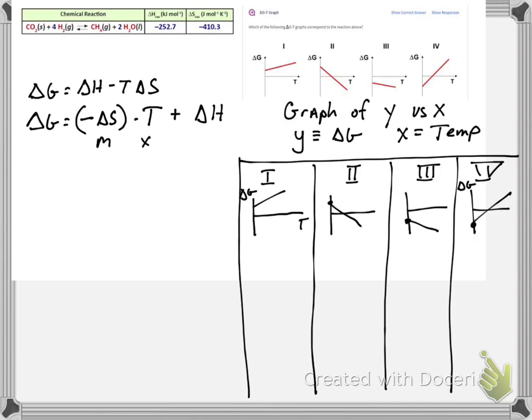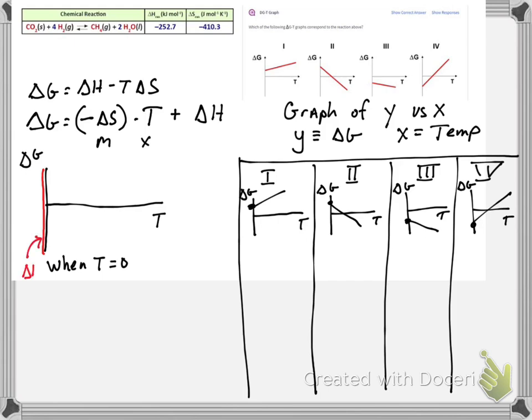So how do we take the delta G versus T data given and decide which of the four graphs we have? If we do that, we make our graph, delta G versus T. The first thing we have to do is assign delta H. Delta H is where delta G is equal to delta G when T equals 0.